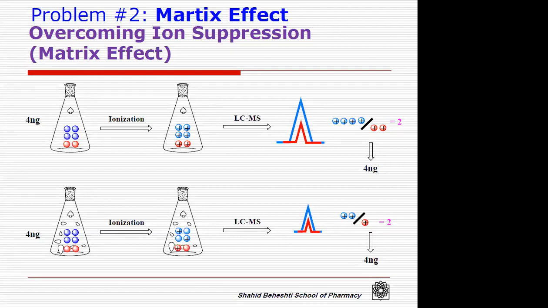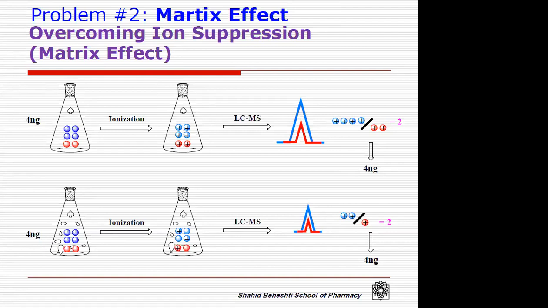Yes, both signals are smaller than the top scheme, but the ratio is going to be the same, 2 to 1. That means if I have the labeled along with the natural phenylalanine, I could compensate for the ion suppression by comparing the intensity of the 2 signals with each other.